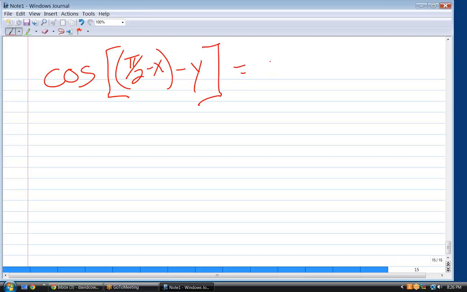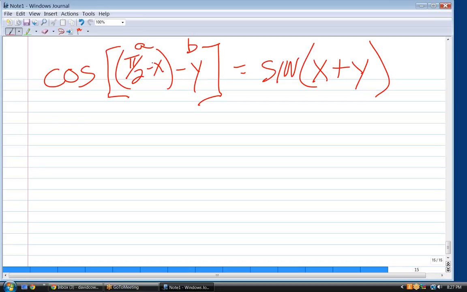We're trying to prove that that is the sine of x plus y. I think we need to use the sum and difference to prove this. We're going to let that be A and that be B.